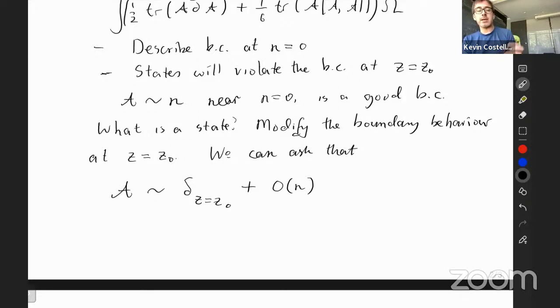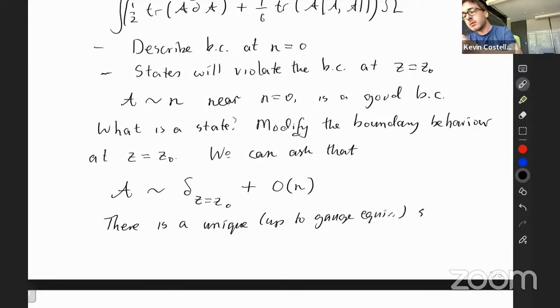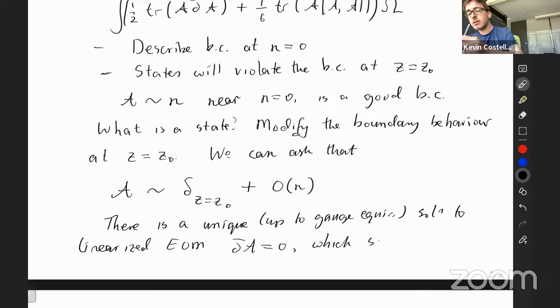And we can find such a thing. You can show that there is a unique solution, up to gauge equivalence, to the linearized equation of motion, which is just the dbar equation, which satisfies this modified boundary condition.